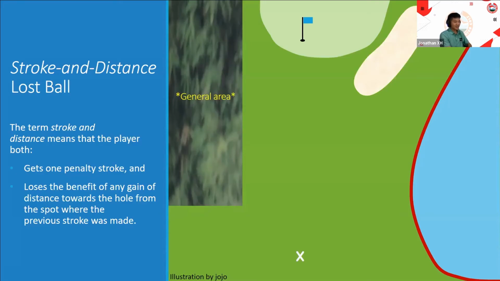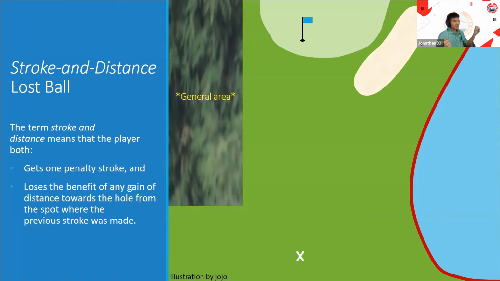We will explain this with another amazing illustration. On the left here, this very weird dark green thing is, let's say, a bush or a forest. We'll call this a forest in Rawamangun. Forest in Rawamangun is general area because it is unmarked.